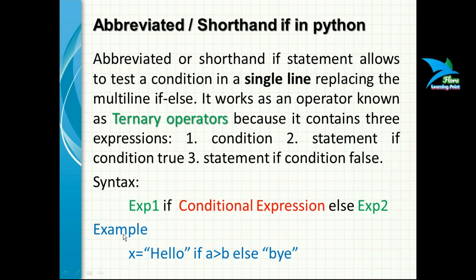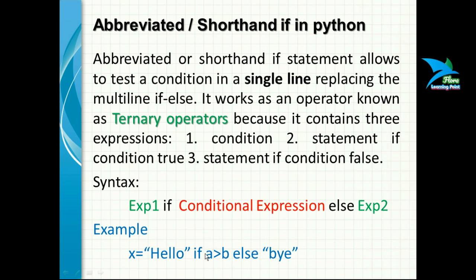Here we have an example. We have assigned the result of this expression to x. So we have expression 1, that is hello if a greater than b, else bye. That means if this condition is true, then this statement will return hello and store that value into this variable.